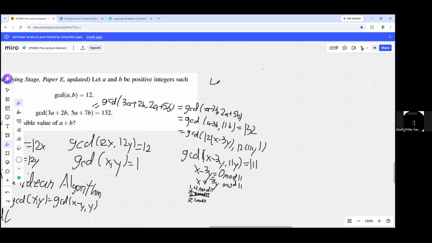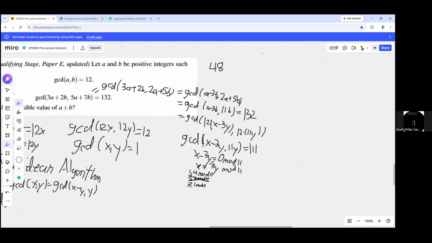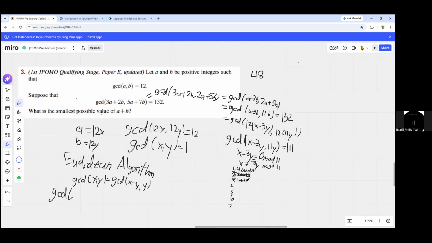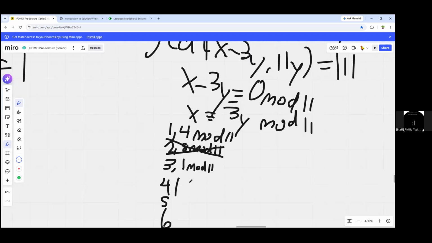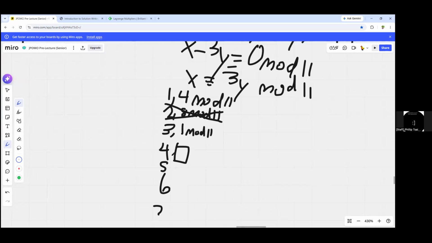This must be your answer for a plus b because if we plug in x above 3, then our a plus b must be greater than 48, because y must be a positive integer, and so x plus y must be greater than 4, which means a plus b must be greater than 48.